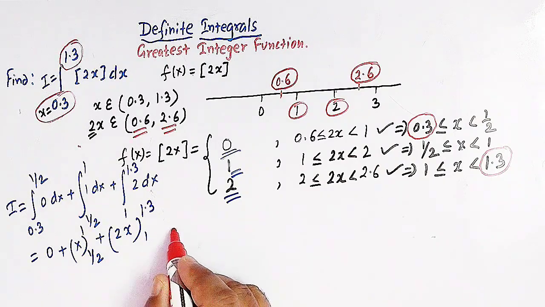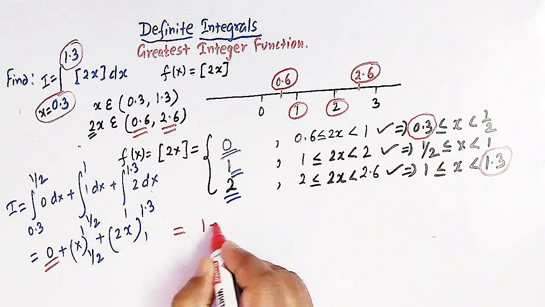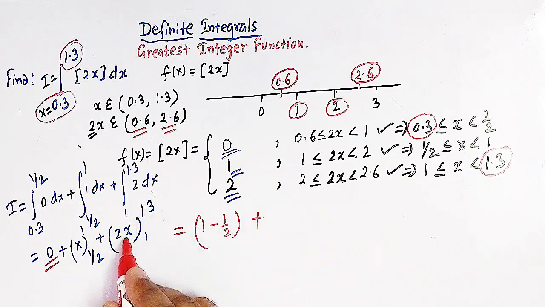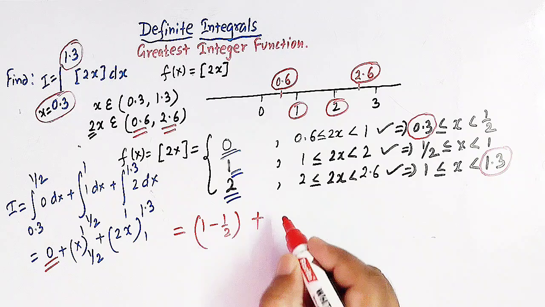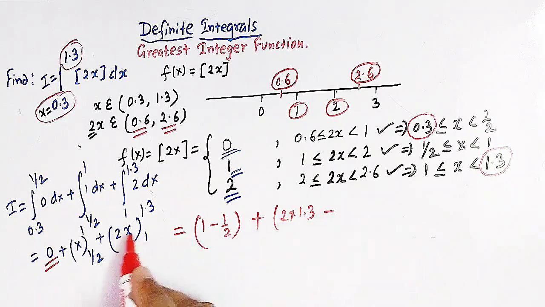So now we can simplify this expression. So this is 0 and here we have half to 1. So we'll substitute the limits and we'll take the difference. So we have 1 minus half, and here first we'll take x is equal to 1.3. So this is 2 times 1.3 minus, then we'll take x is equal to 1 here.